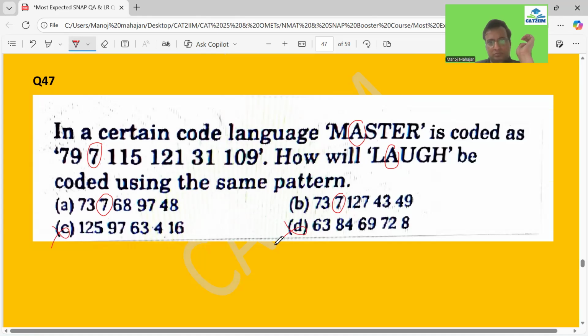Now you can figure out the pattern by spending some time, but if you look at one thing here, alphabetically, A we are looking at 7, right? And what was E? 31, right? So as per the letters, A value is 7, then E is 31, M is 79.